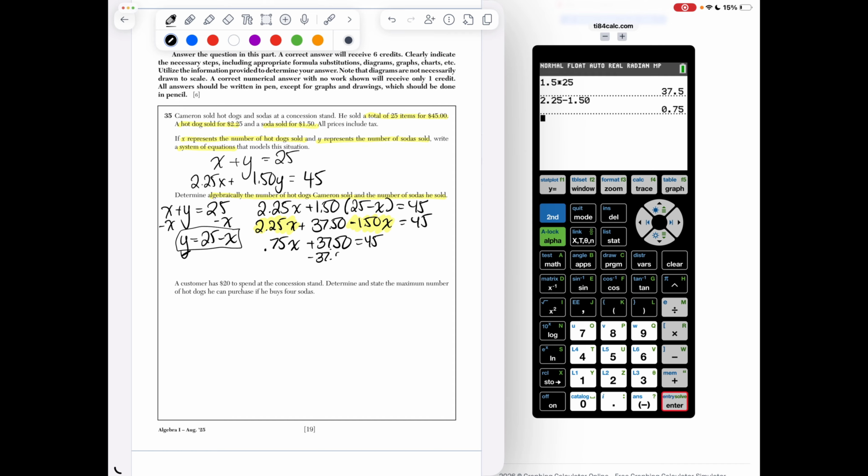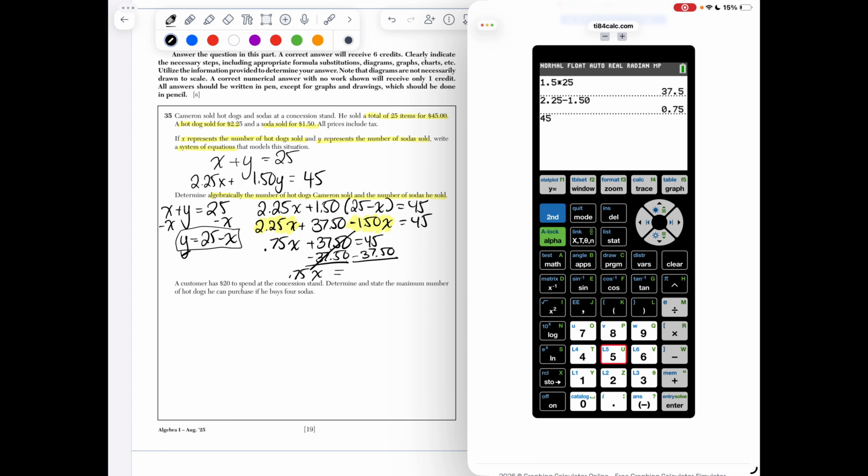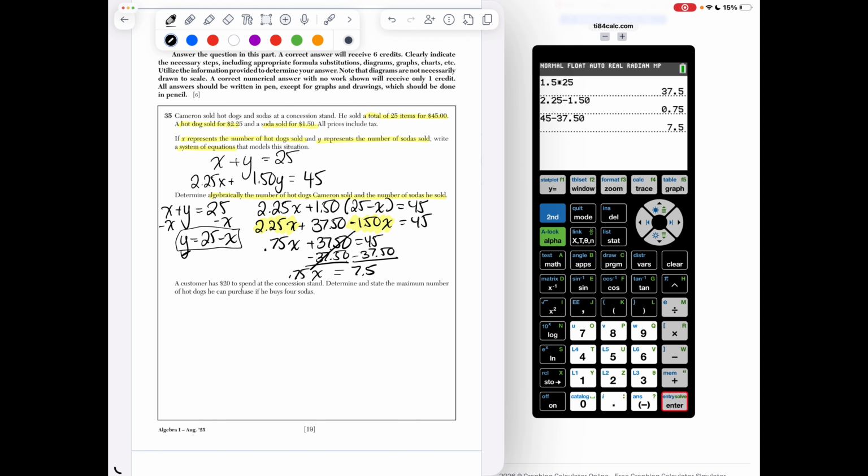We're going to subtract the $37.50. So I'm going to get 0.75X is equal to 45 minus 37.50, which is 7.5. So this is going to be pretty easy. I'm actually just going to divide by 0.75, but I could actually see my answer is going to be X equals 10.